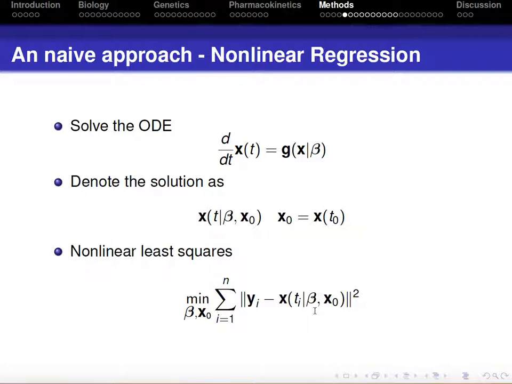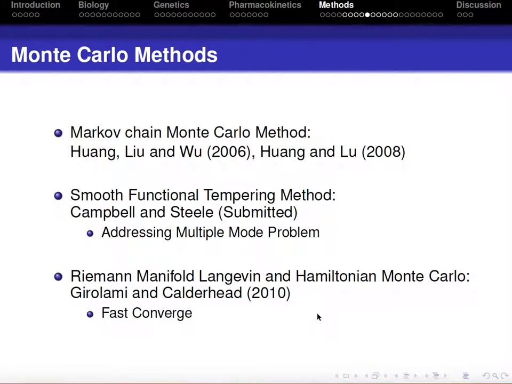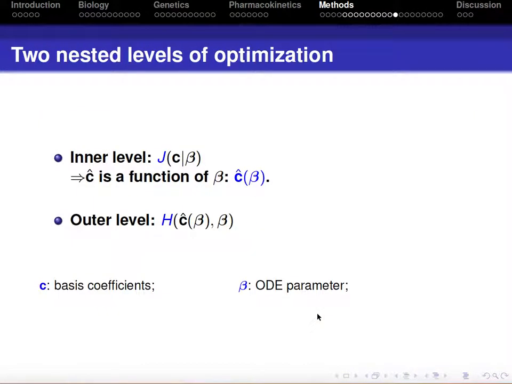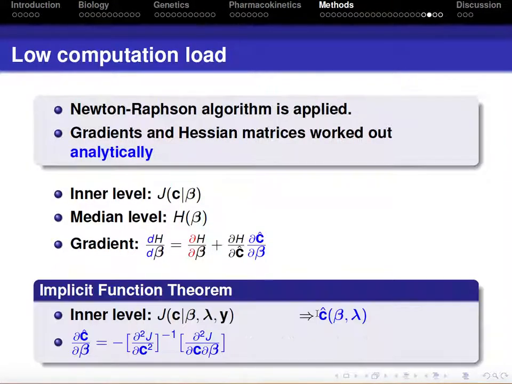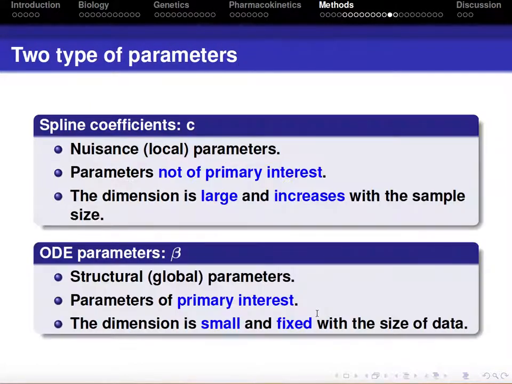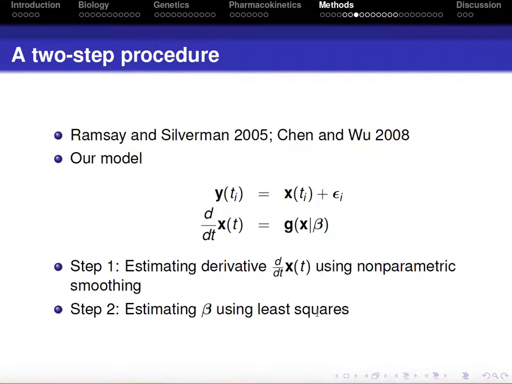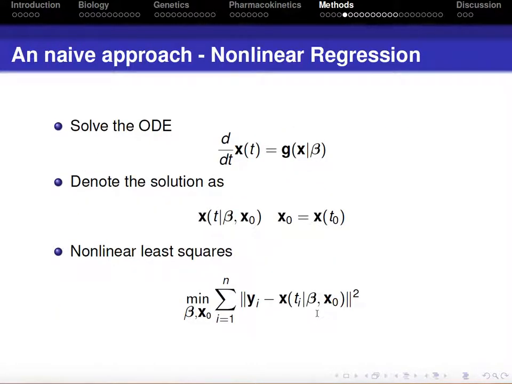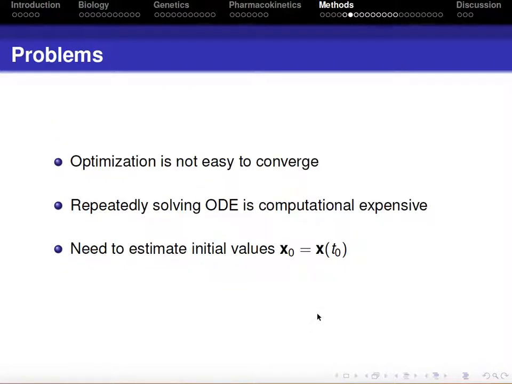Therefore, when you search for the optimal values, you will find that your optimization surface actually has multiple modes, many local modes. So it's hard to find the optimal values.